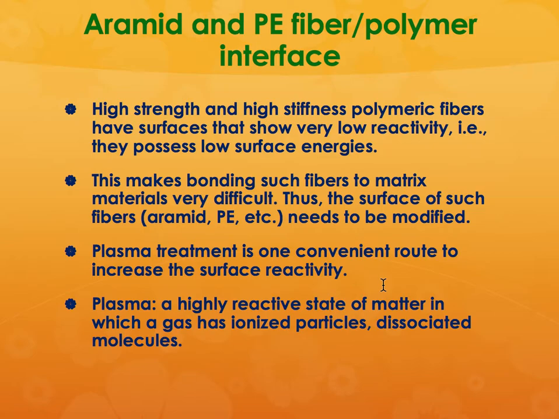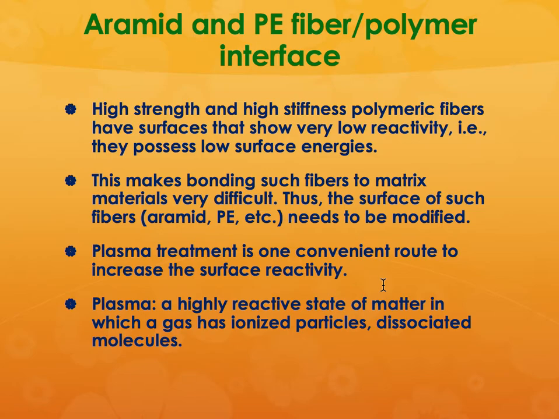The other reason is also that some of these high strength, high stiffness polymer fibers have very smooth surfaces that show very low reactivity, or they have very low surface energy. This is also very similar to the types of surfaces found in some of the newer materials like carbon nanotubes.